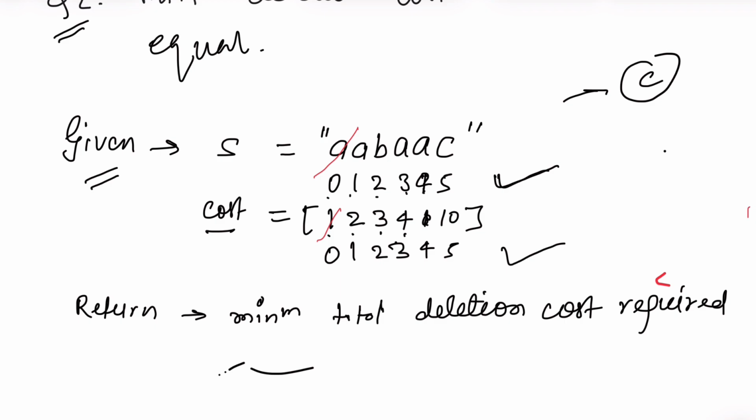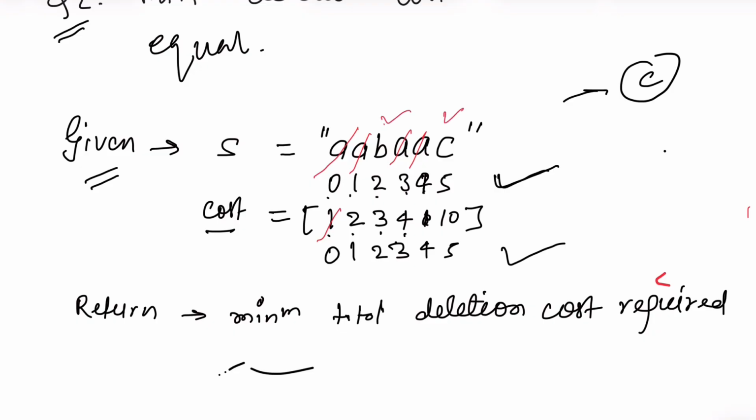So you have to keep, let's suppose, A, and delete all the other characters. If we are not deleting A, then all other characters are B and C.